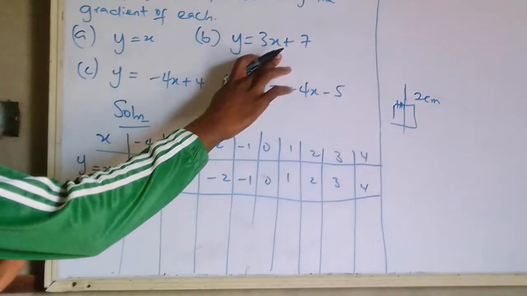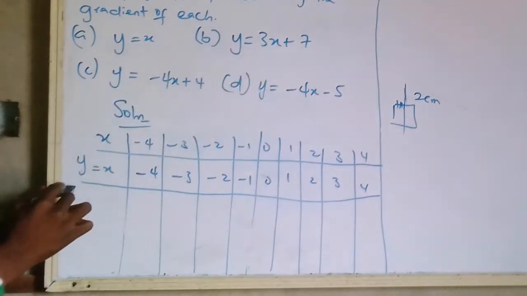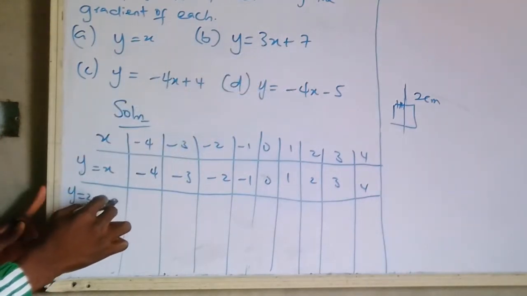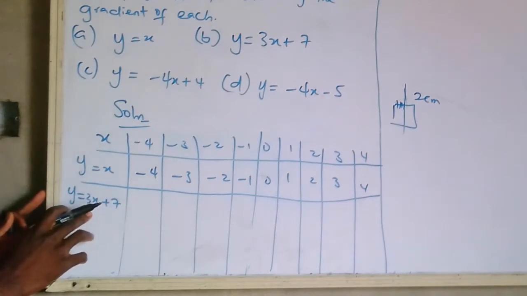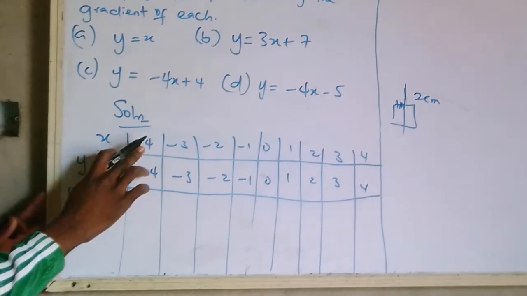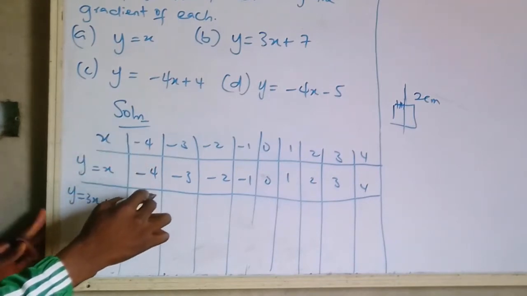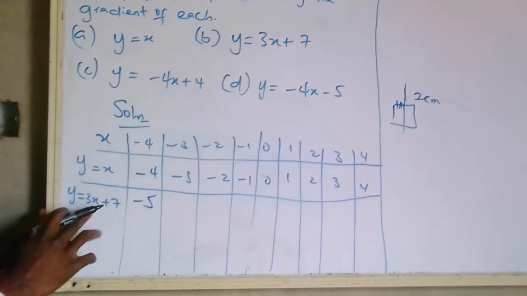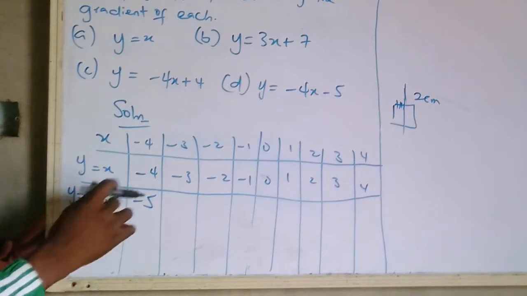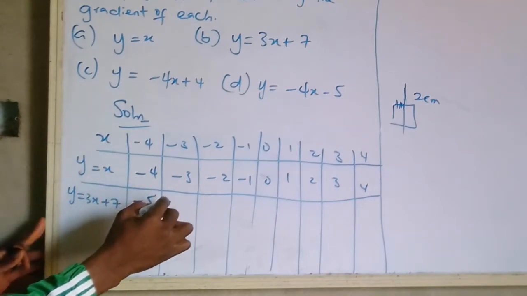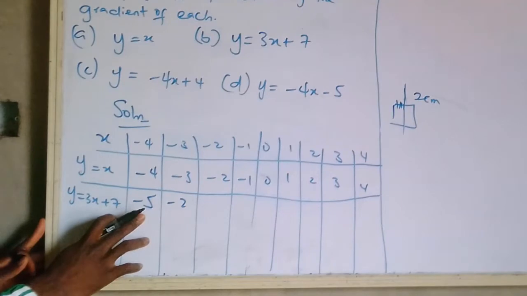For y equals 3x plus 7, it means I multiply x by 3, then add 7 to it. So -4 times 3 is -12, plus 7, that's -5. -3 times 3 is -9, plus 7, that's -2. So it's like we're adding 3 each time.